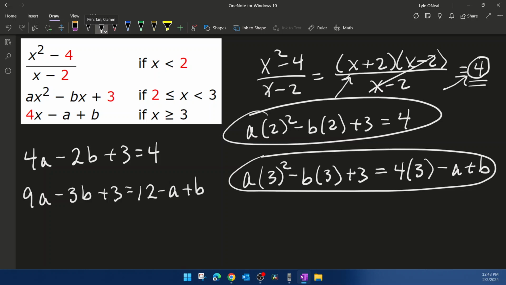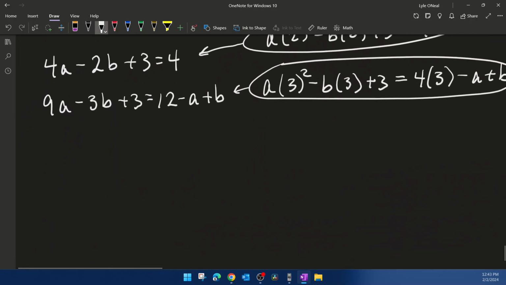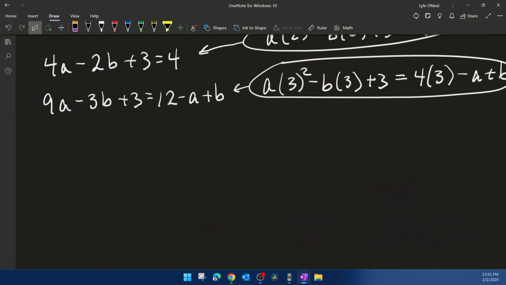And here we are. This equation simplified to 4a minus 2b plus 3 equals 4. The second equation simplified to 9a minus 3b plus 3 equals 12 minus a plus b. Since we have a system of linear equations in two variables, what we need to do is put these in standard form.